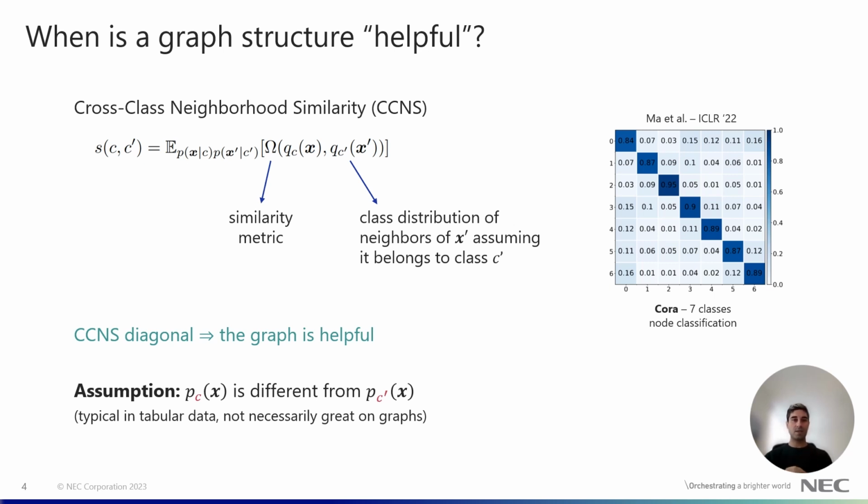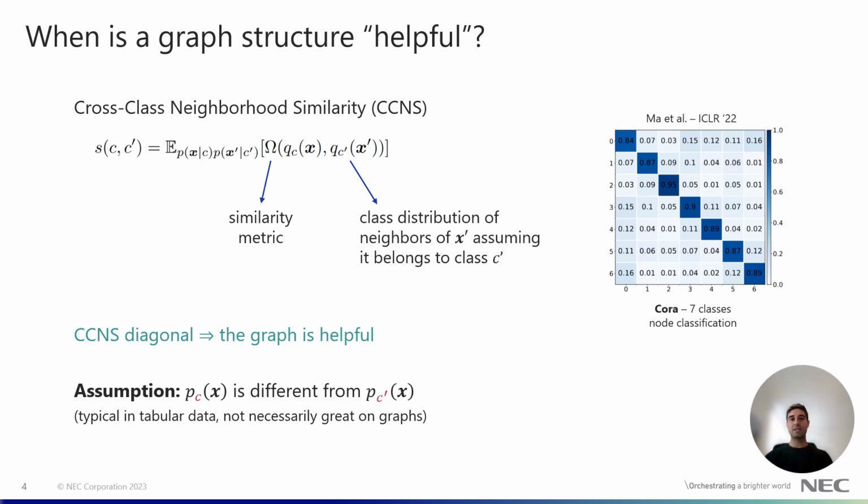Of course, you can consider similarity or dissimilarity metrics. That is not really important, but what is important is that if the CCNS has a diagonal shape, then the graph is considered to be helpful.